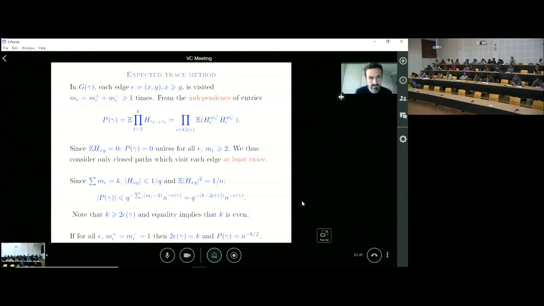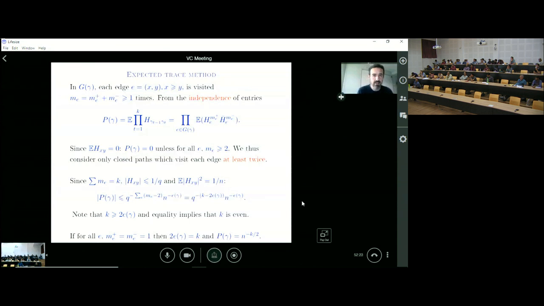Another comment. If you visit each edge twice, in the sense that you visit it once in each direction, once xy and once yx, then necessarily k will be even, the number of edges will be k over 2, and the weight, the p gamma, will be exactly equal to n power minus k over 2.